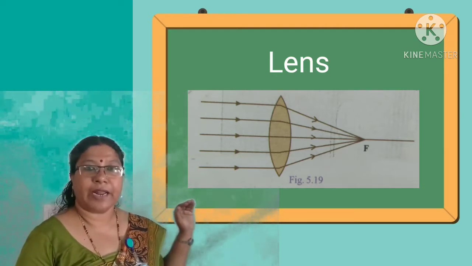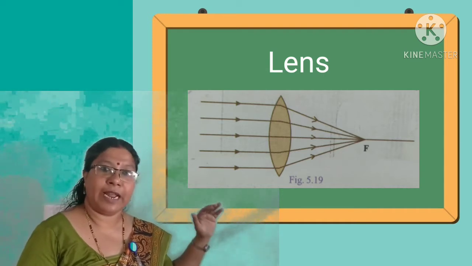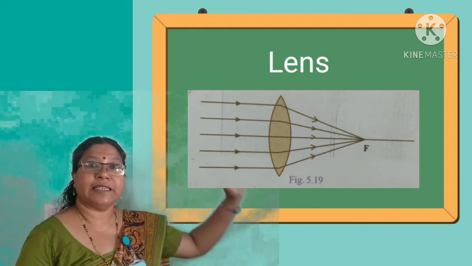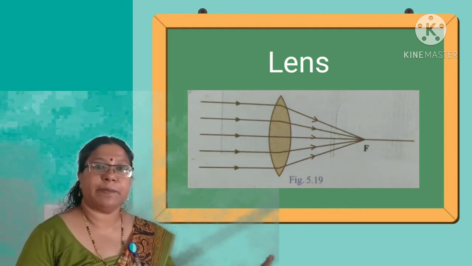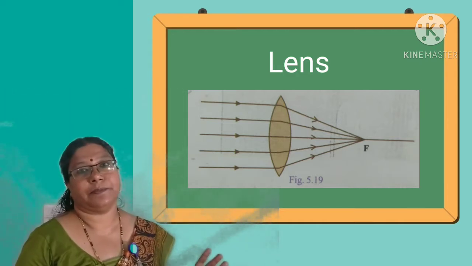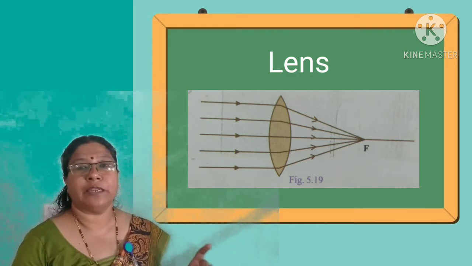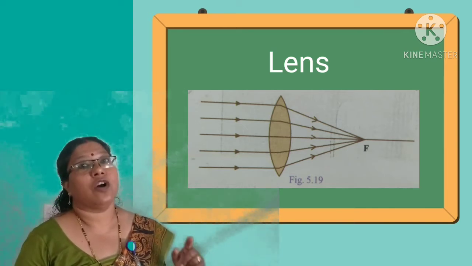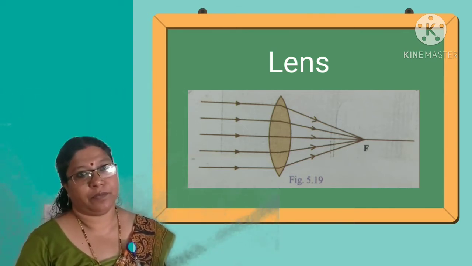So parallel rays of light that fall on the lens, after refraction converge at a point on the principal axis. That point is known as the principal focus of a convex lens.